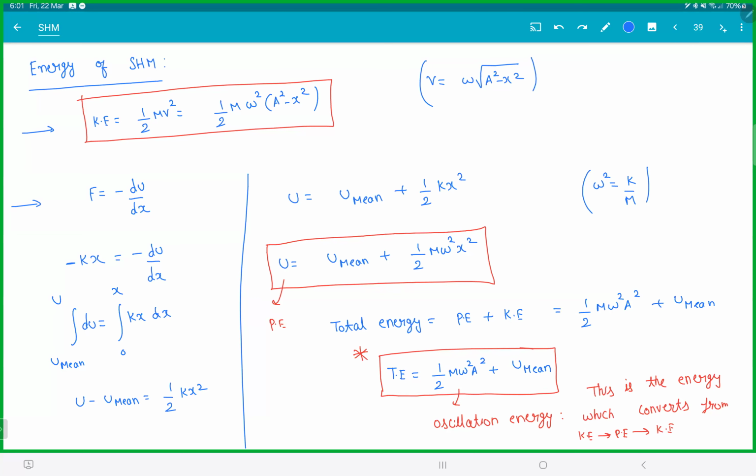Have a look at this page. Next thing. So let's write that at the start.